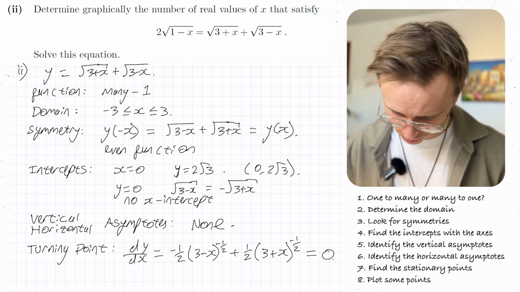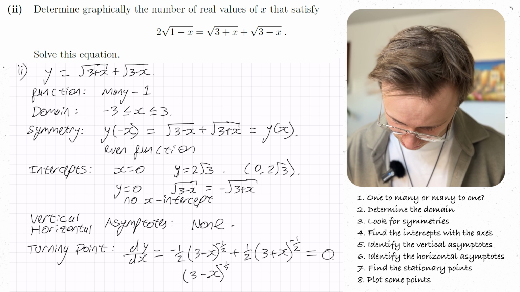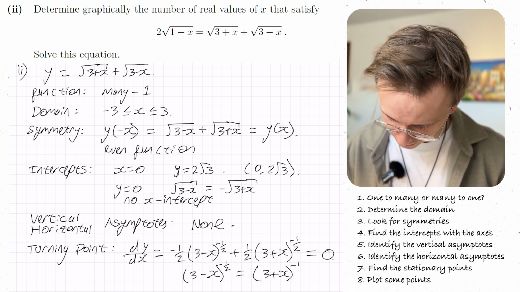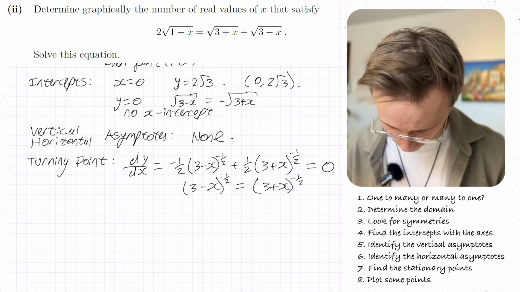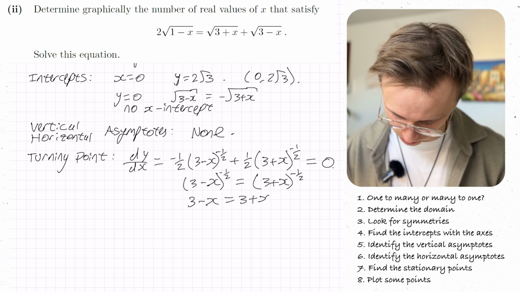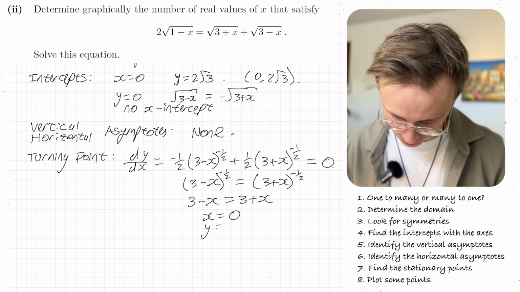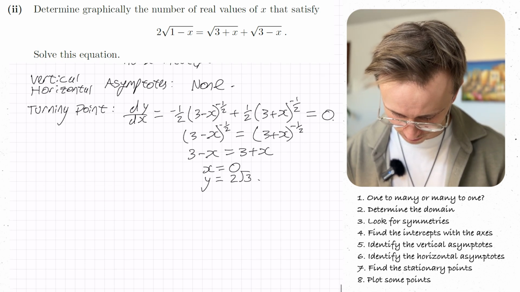Put that all equal to 0, rearrange, and you end up with (3 minus x)^(-1/2) equals (3 plus x)^(-1/2). Squaring both sides and multiplying, you get 3 minus x equals 3 plus x. Rearranging, you get x equals 0. And at that point, we have y equals 2 root 3.